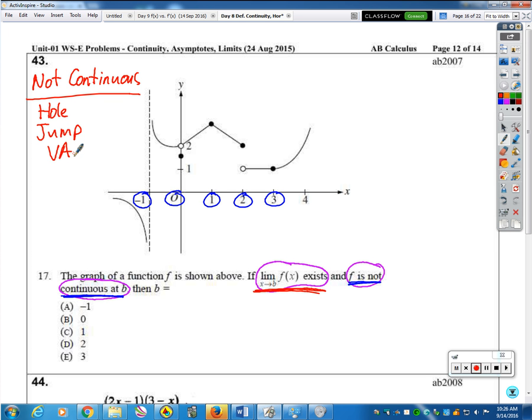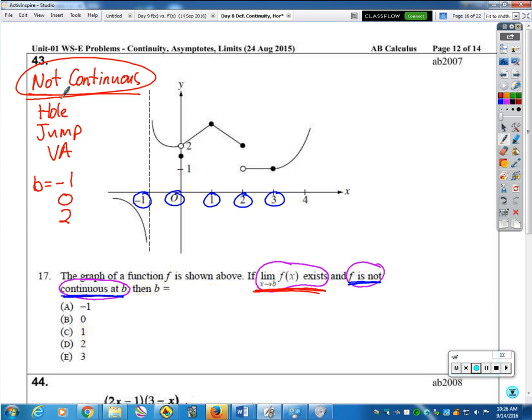What we're looking for is we have this function, and we're specifically looking for a spot where the function is not continuous. So you tell me, Sarah, at which of these x coordinates is the function not continuous? It's not like 2, 0. Very good. So b could equal -1, 0, or 2, and the function would not be continuous.